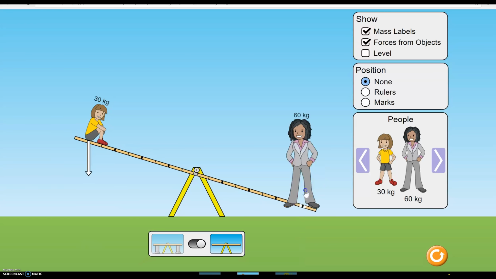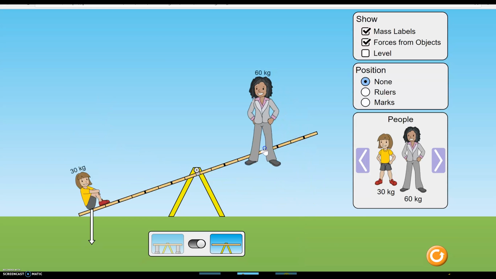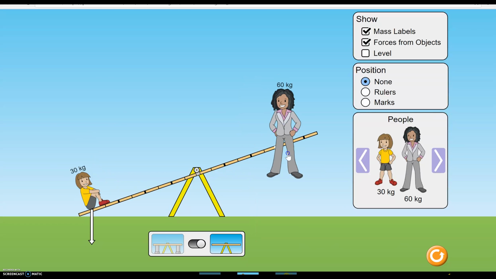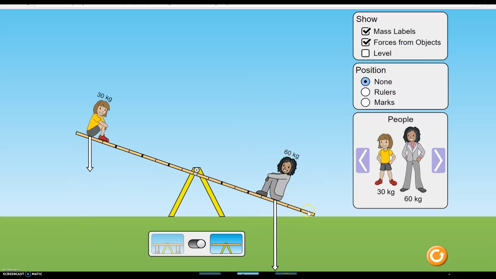Now if we move this person closer to the pivot, okay, let's move him. If we move this person closer, the seesaw is still tilted to their side.